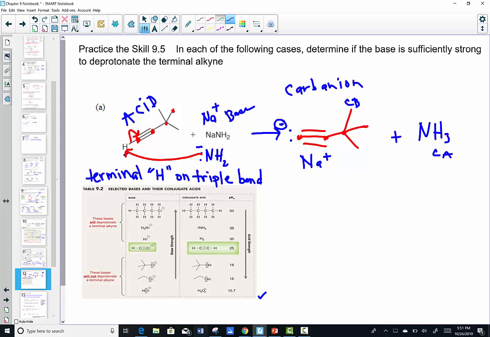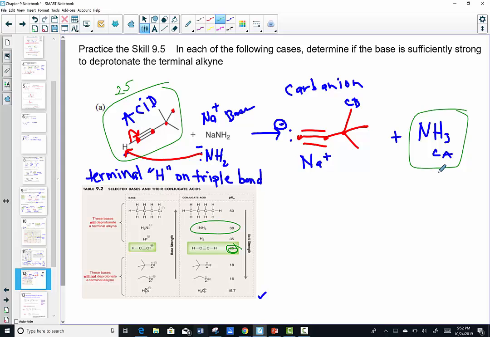Find the 2 acids and look up their pKa values. And again, enough repetition, we remember 25 is the pKa value for a terminal hydrogen of an alkyne. Let's find ammonia, and it has a value of 38.